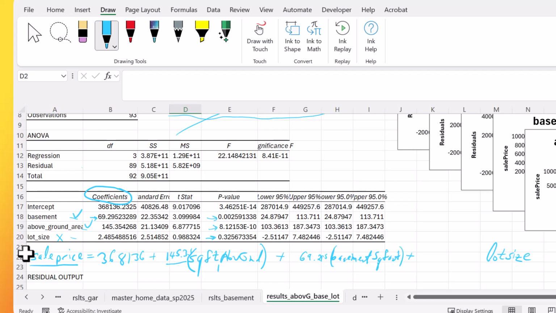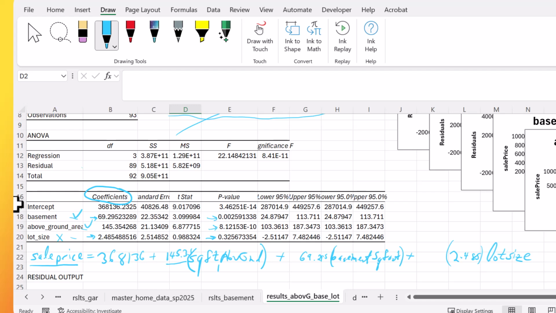And the lot size will affect the value of my home by roughly 2.485 dollars every time that I add another square foot to the lot size.